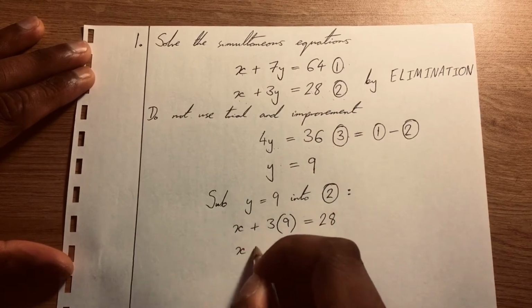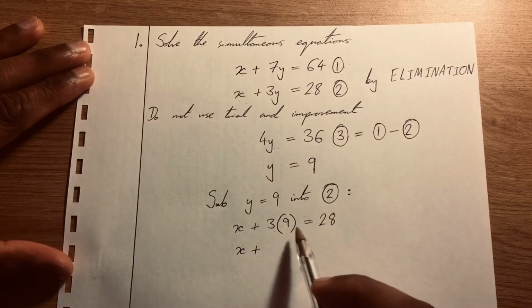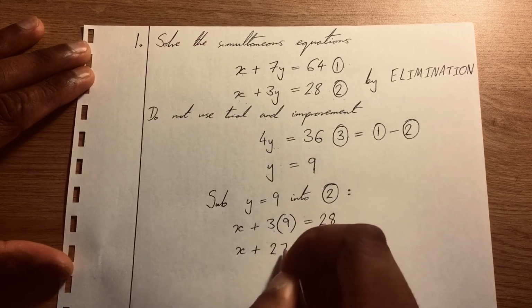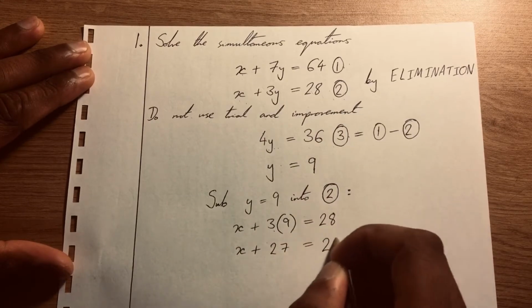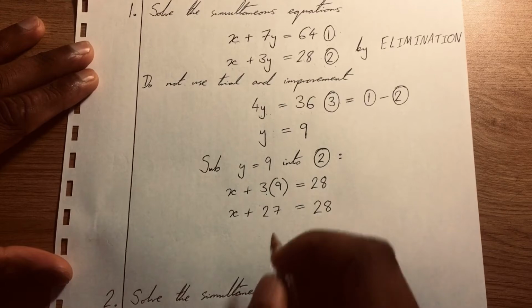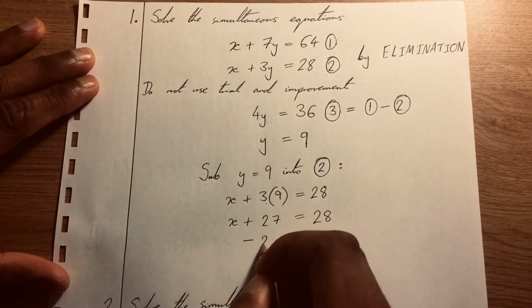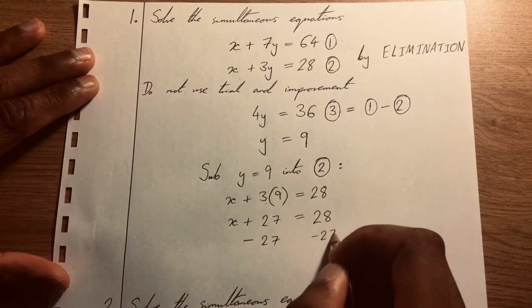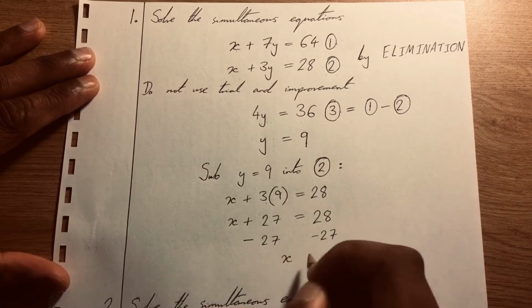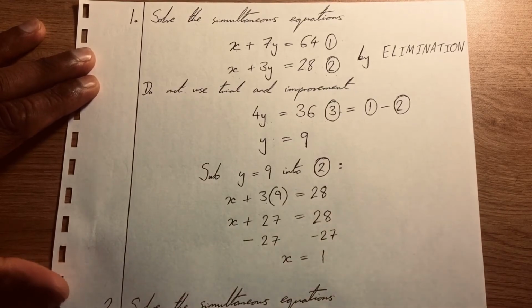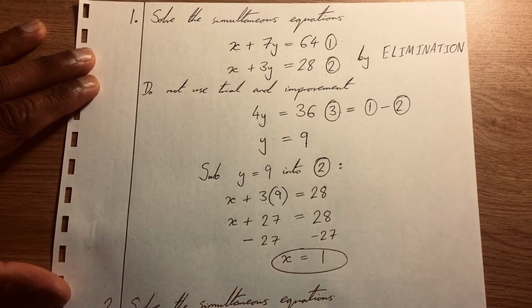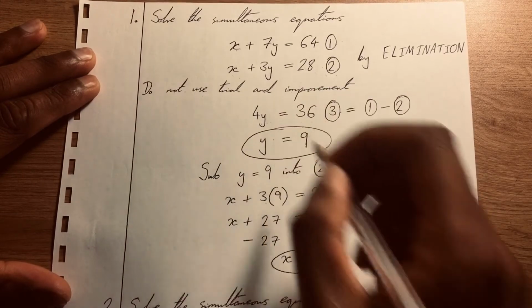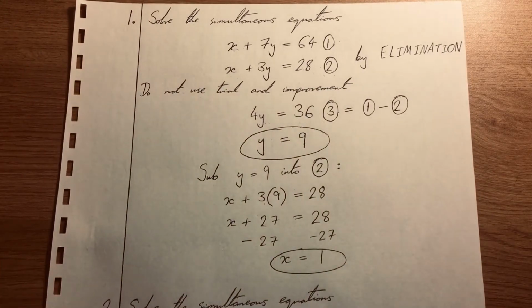So I'll just solve that. x plus 3 times 9 is 27, equals 28. So just subtract 27 from both sides, and I get x equals 1. So x equals 1 and y equals 9 are my two answers.